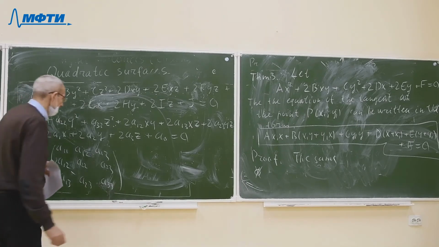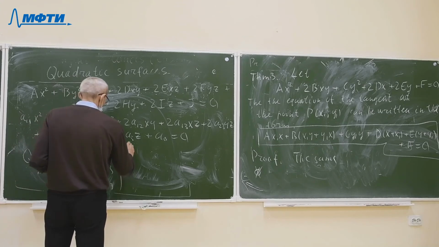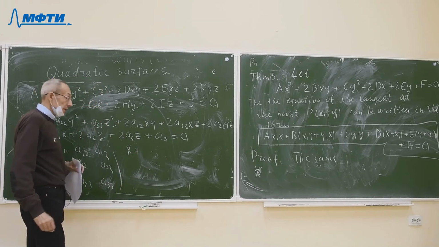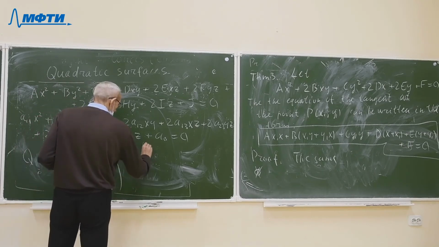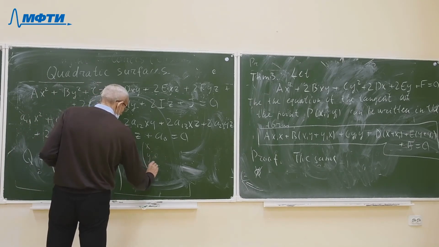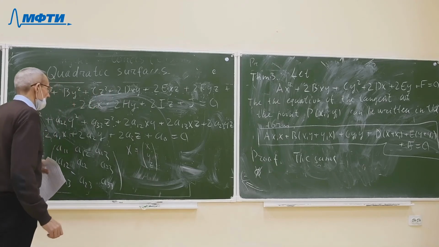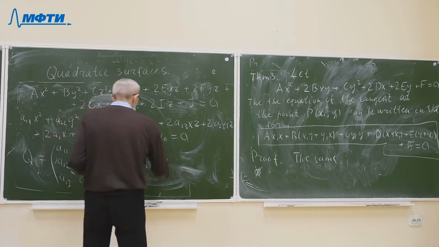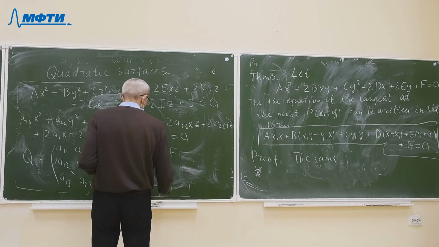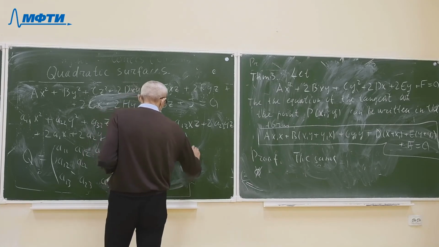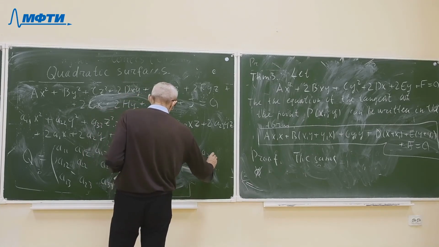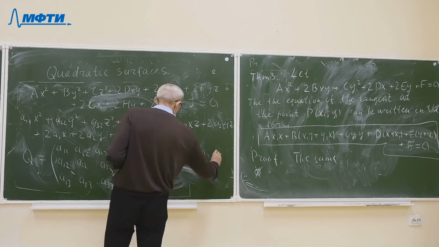And we can use the notation X, a large letter X, for the vector x, y, z, and we can use the notation f for the vector A1, A2, A3.